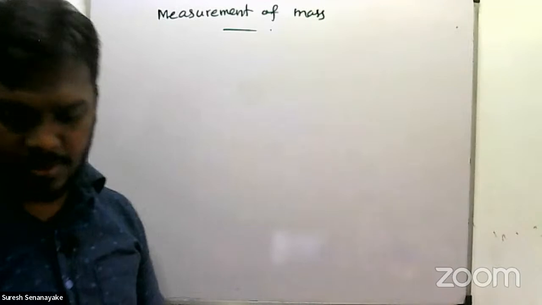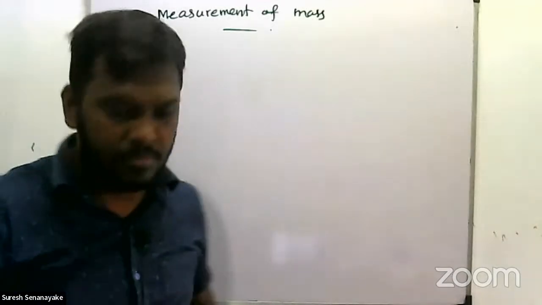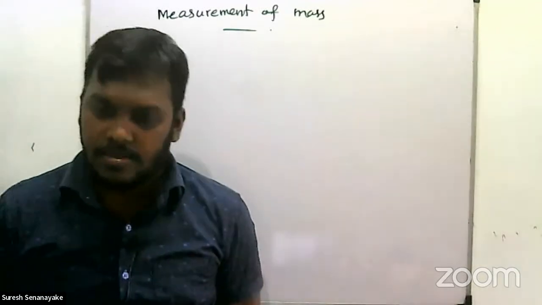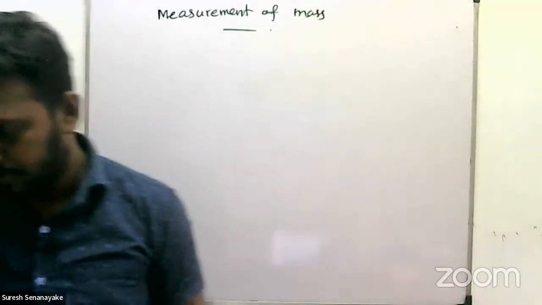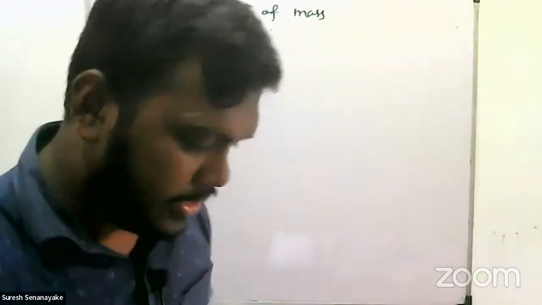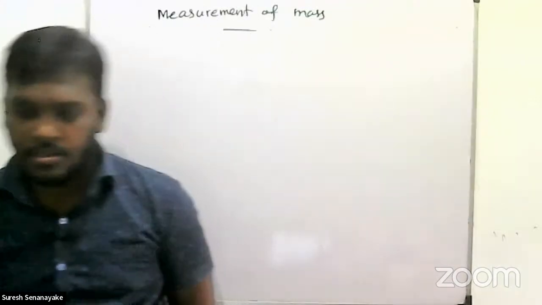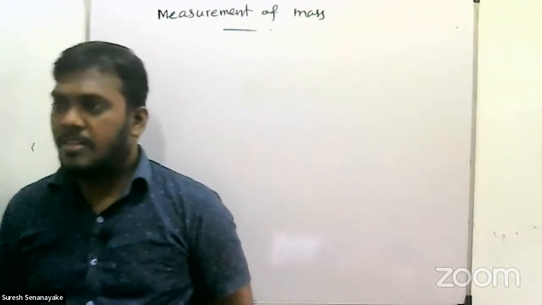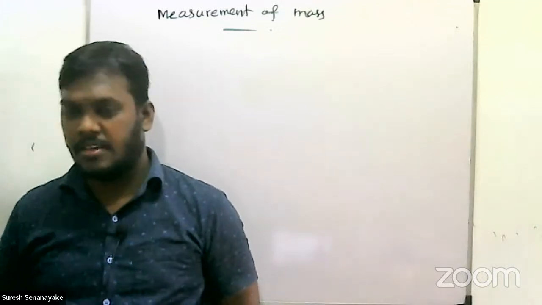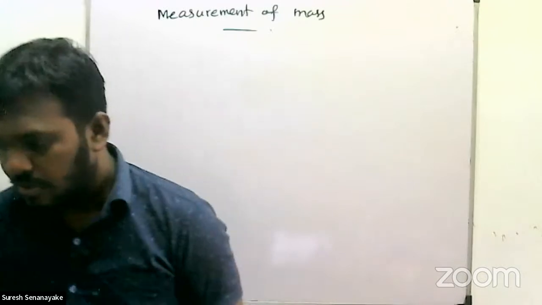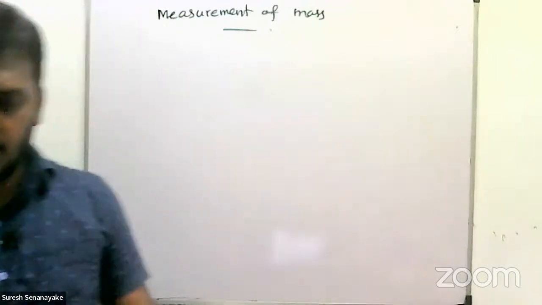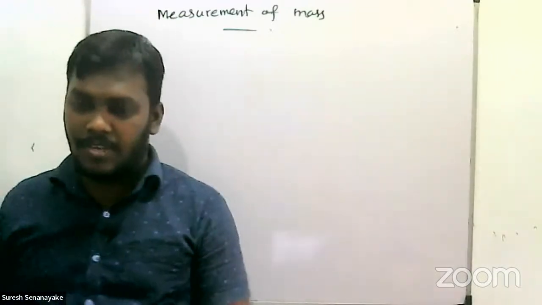We know that mass is the amount of matter contained in an object. According to the gravitational laws, any object having a mass is attracted towards the Earth's center. That's some theory we'll discuss later. All bodies having a mass are attracted towards the Earth's center because of the Earth's gravitational field.